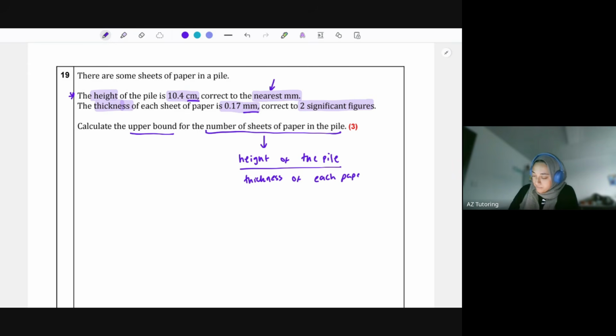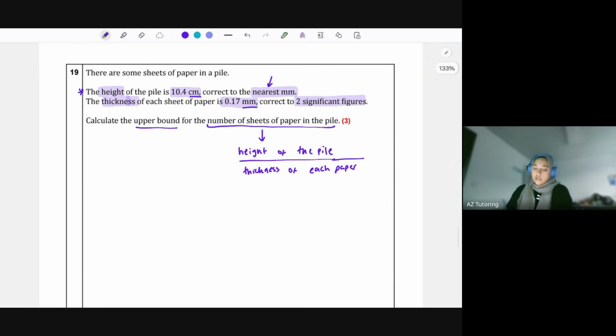That's the calculation I'm doing, but there's bounds involved, so that's the reason why it's 3 marks. First things first, I'll need to find both the bounds of height and thickness. So I'll write that here. We're doing height and thickness.